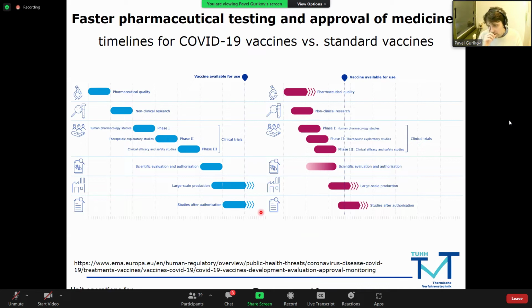Plus, what is also important is that we are now able, and I'm going to show you in a second, to understand much better how drugs interact with our body. This is the main issue why there is a very low probability that the drug candidate reaches large scale production: we have many tests and much knowledge, but at the end we do not understand whether this drug is going to be toxic.